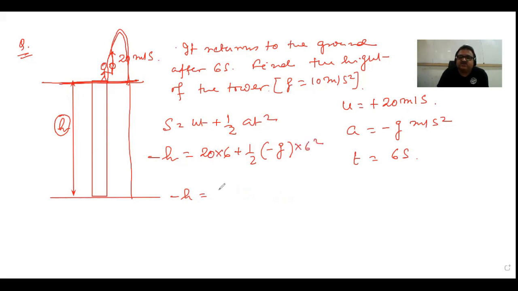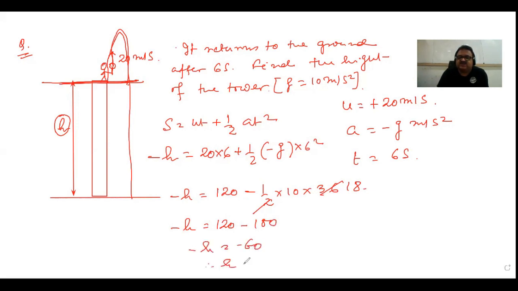So 20 into 6 is 120. Minus half, g is 10 into 6 square is 36. So if I cancel this out, it should be 18. So minus h is equal to 120 minus 180. Therefore, minus h is equal to minus 60. Hence, h is equal to 60 meter. Look at this. It is so simple.